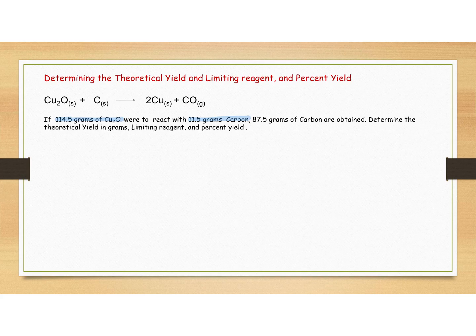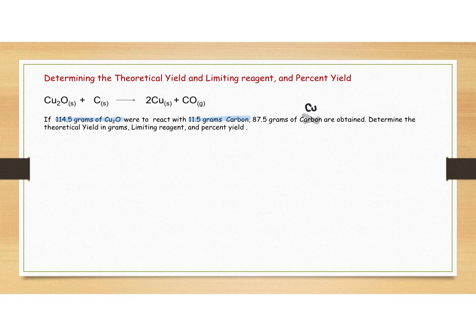Excuse me, that's not supposed to be carbon, it's supposed to be copper. So please make the note. Are obtained. Determine the theoretical yield in grams, the limiting reagent, and the percent yield.